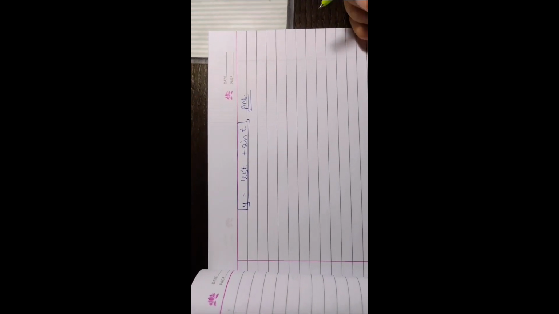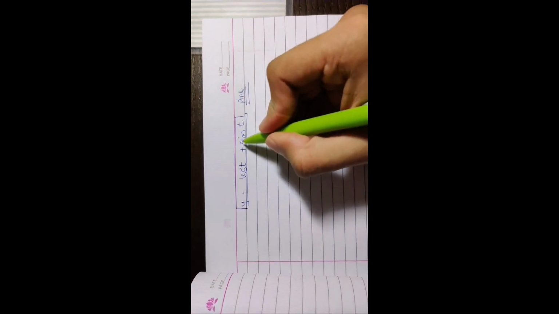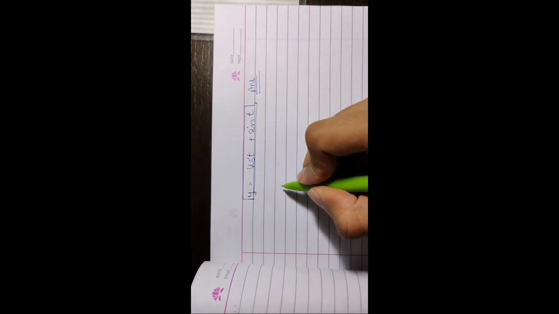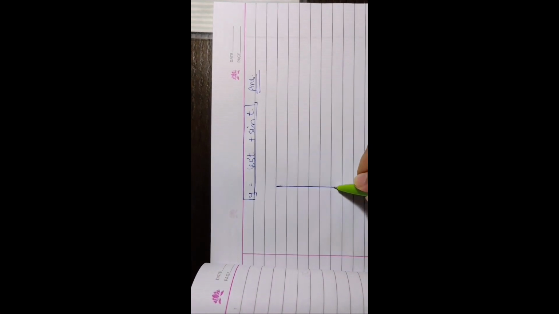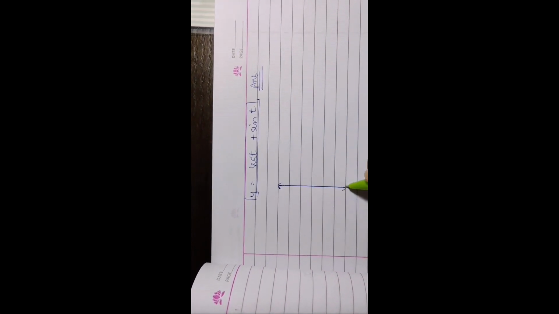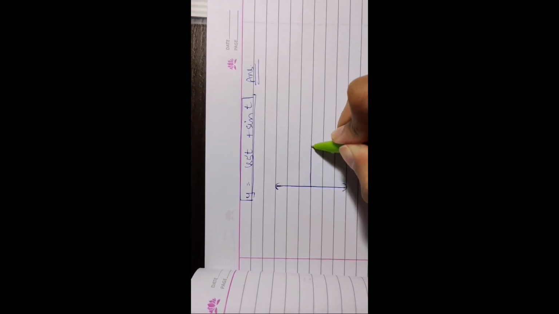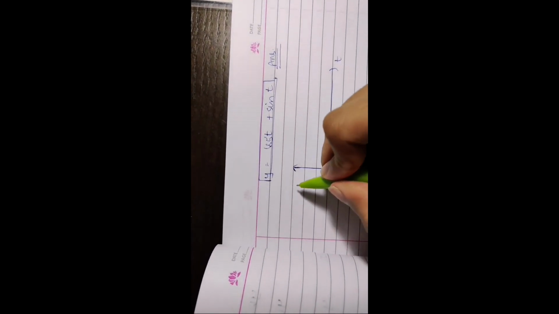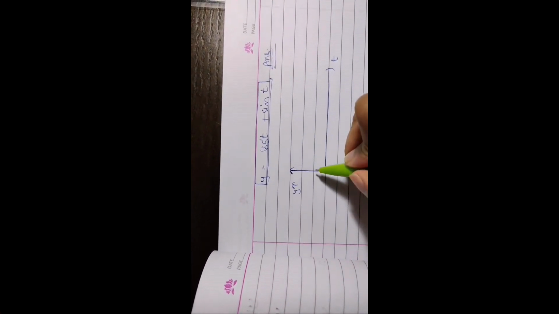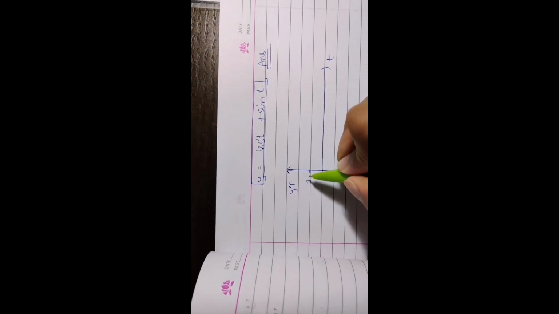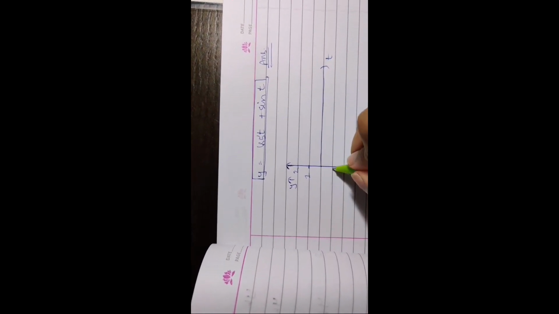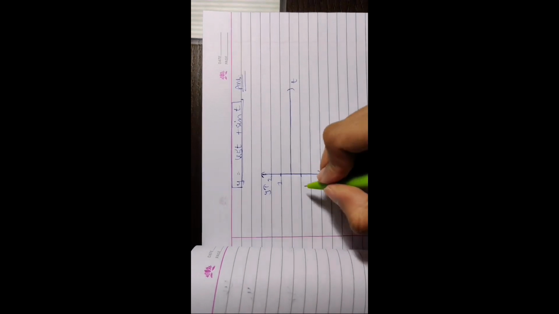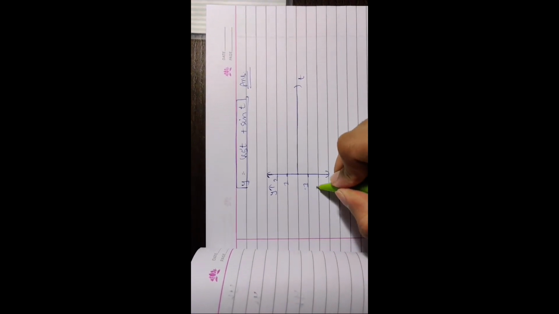So now let's draw the graph for this particular solution, cos 5t plus sin t. So let's draw it. So it's time and it's y which is increasing. It will be 1, 2, and minus 1, minus 2.